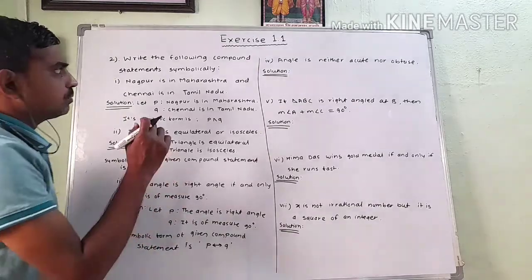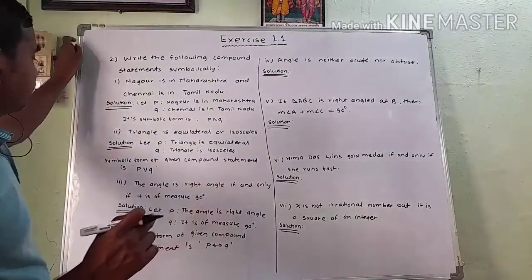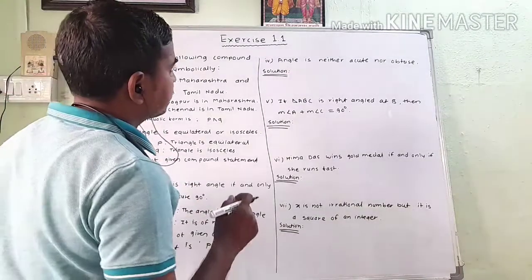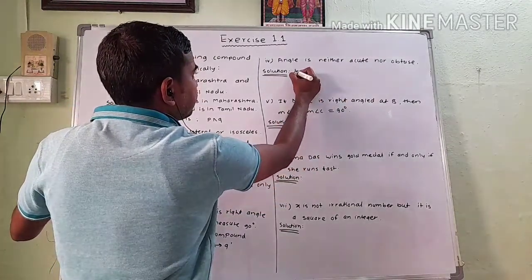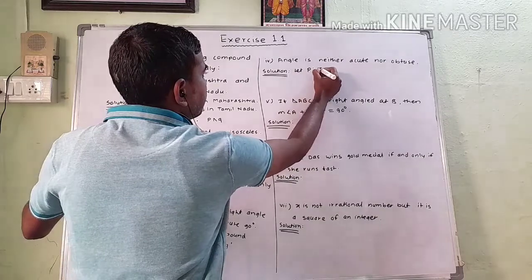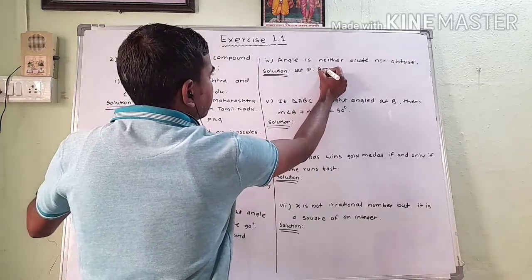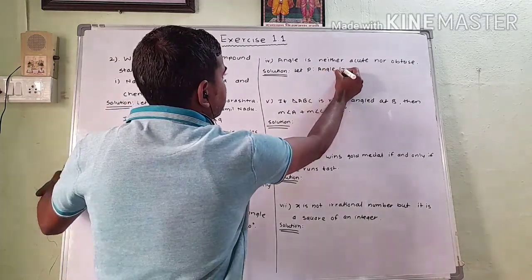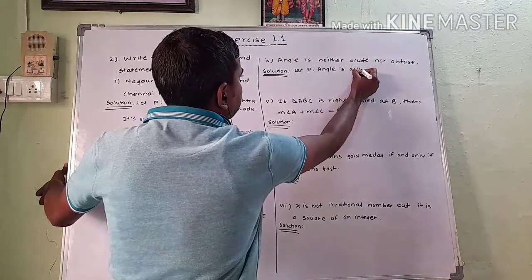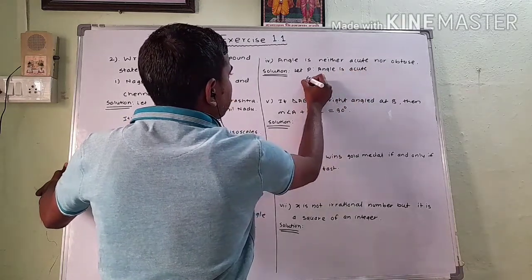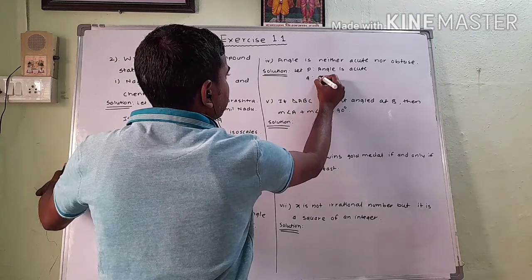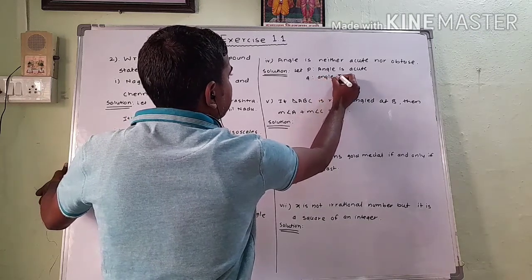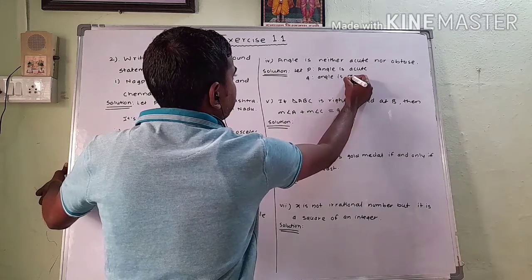Now we'll see the fourth compound statement. Here angle is neither acute nor obtuse. First of all, let P stand for angle is acute, and Q stands for angle is obtuse.